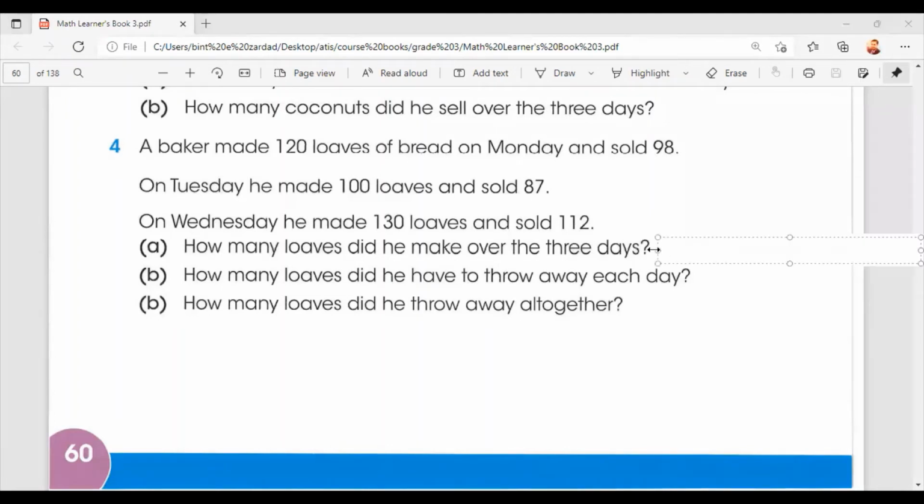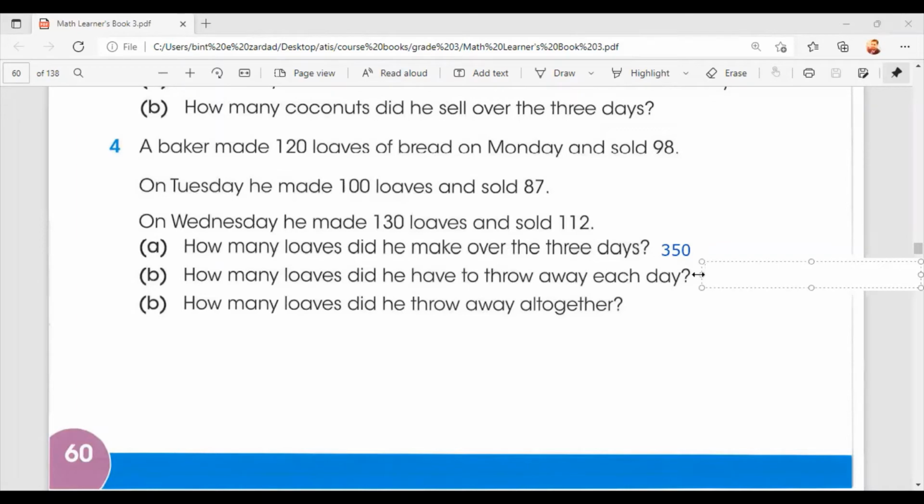Writing A: how many loaves did he make over 3 days? He made in total 120 plus 100 plus 130, which is 350. He made 350 in total. How many loaves did he have to throw away each day?